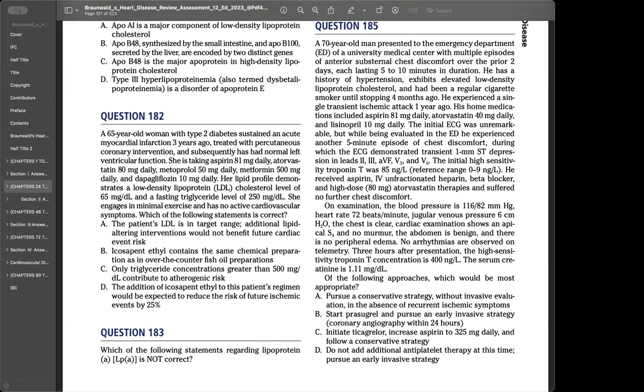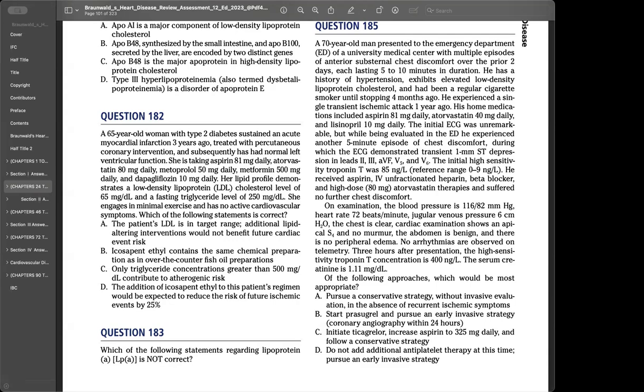So demonstration of an elevation above the 99th percentile would substantiate or definitely say the patient has an acute coronary syndrome.